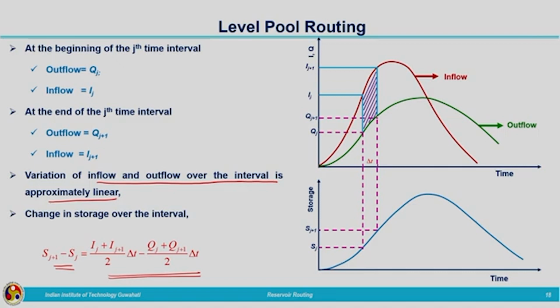So, the equation has taken this form, that is the inflows and outflows were averaged out and the difference between jth and j plus 1th nodes considered, that is corresponding to delta t, is representing the change in storage Sj plus 1 minus Sj. So, that is written over here by this equation, and you can see maximum storage is marked over here, that is representing the point of inflection.